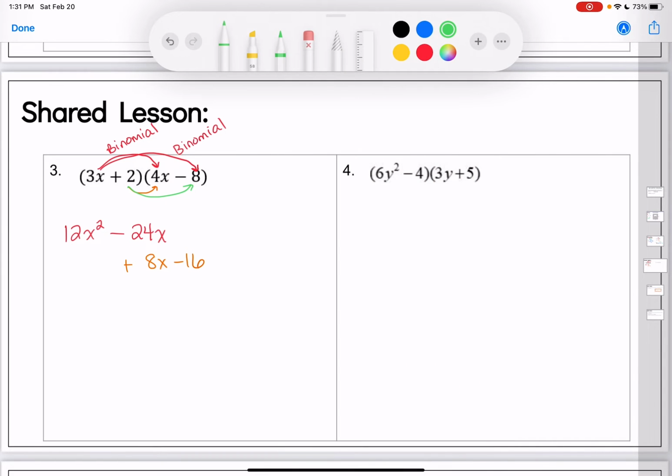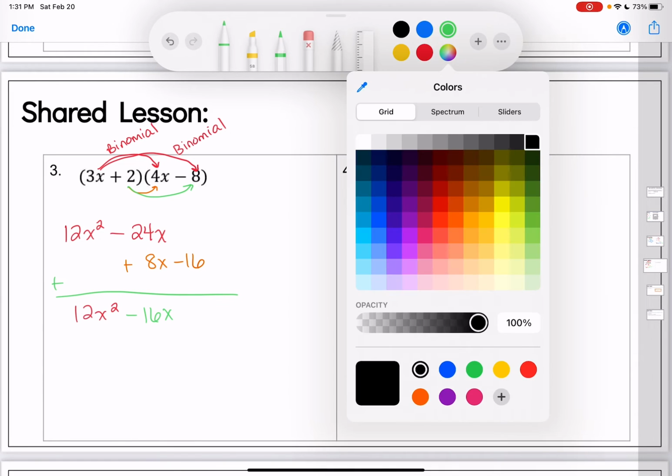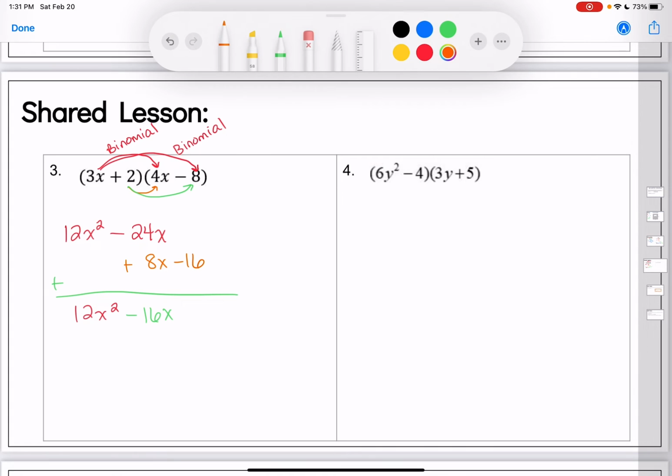Now I'm just going to add up my like terms. 12x squared, nothing to combine with. Negative 24x plus 8x gives me negative 16x. And then the negative 16, nothing I can combine with. And there's my answer.